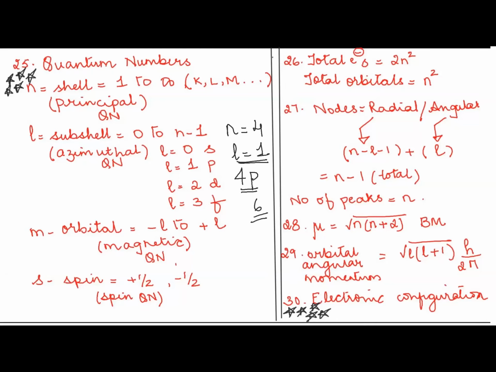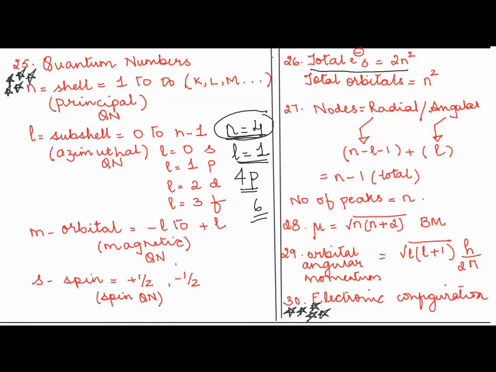You know that, right? 4P contains 6 electrons maximum. So that's the number of electrons you can put. If the question was only n equal to 4, then you will use this formula. Total number of electrons in a shell is 2n square.